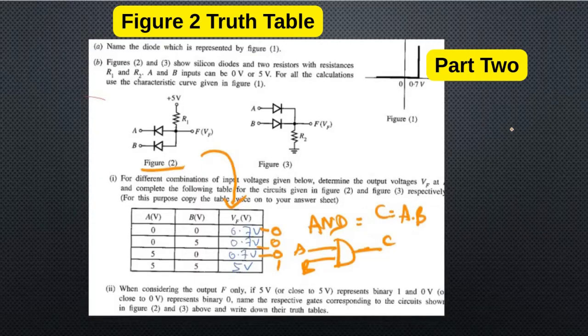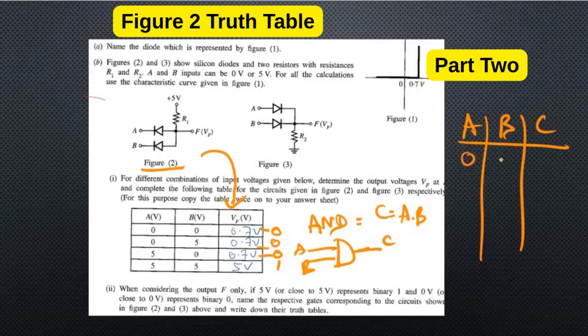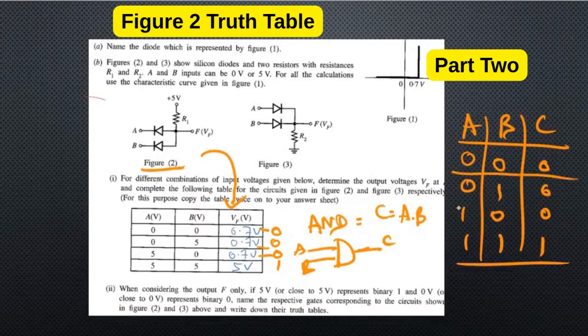And let's draw the truth table. Actually they are asking us to draw the truth table for it, so let's draw it. We have A, B, and C. The possible values are 0 0, 0 1, 1 0, 1 1. For the AND gate, C will be 0, 0, 0 and 1. So this is the truth table for the AND gate.